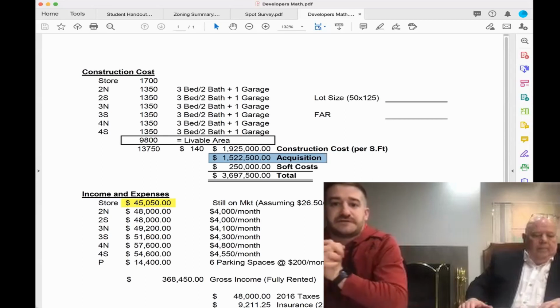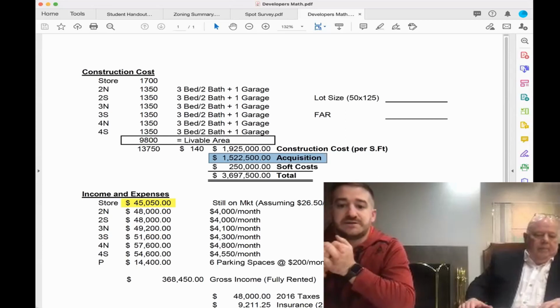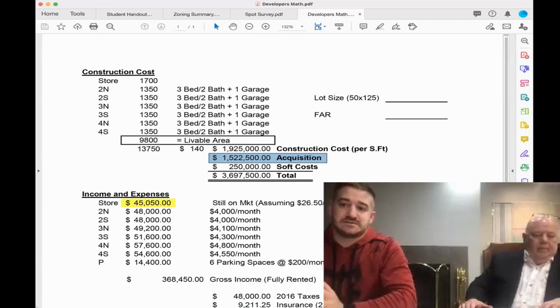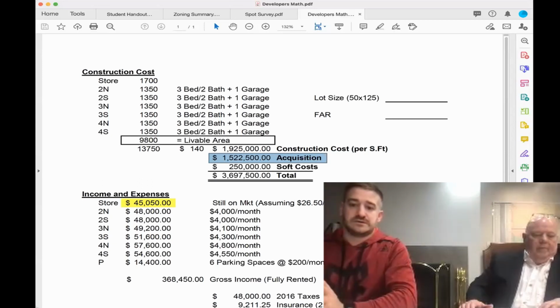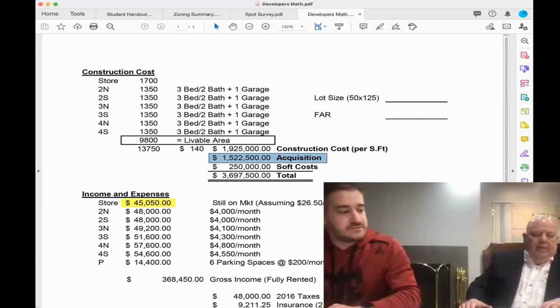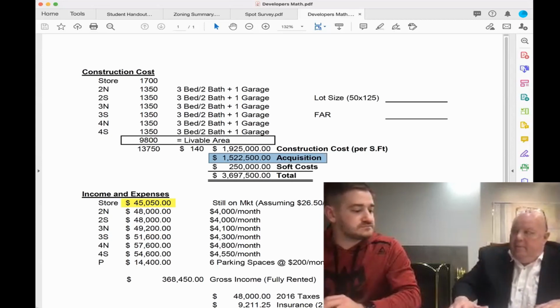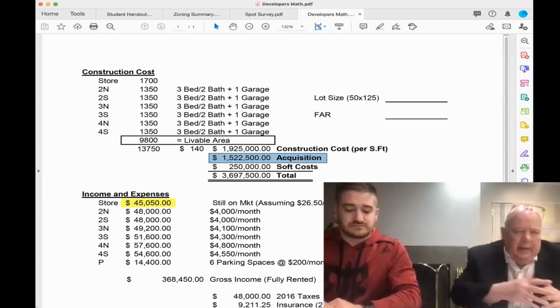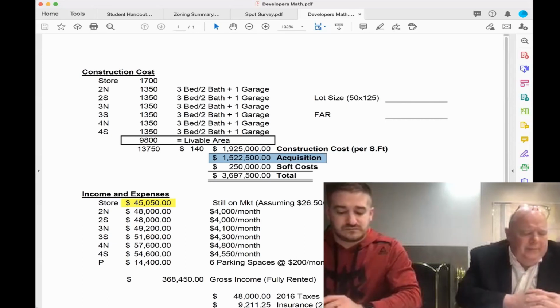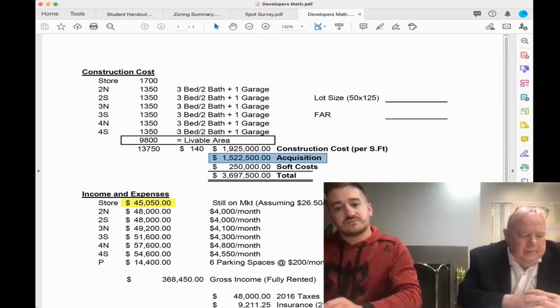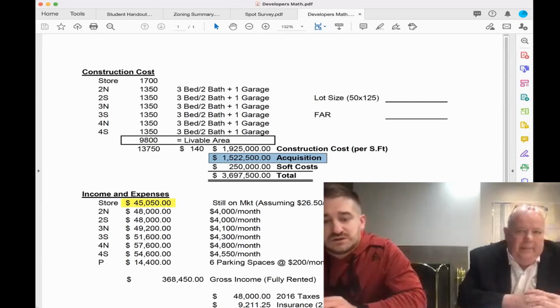So 1,522,500 divided by 6. It's sort of confusing because you really got 7 units here. Yeah, I did it by 7, but it comes out to 6, right. It's $253,750 if I typed it in right.